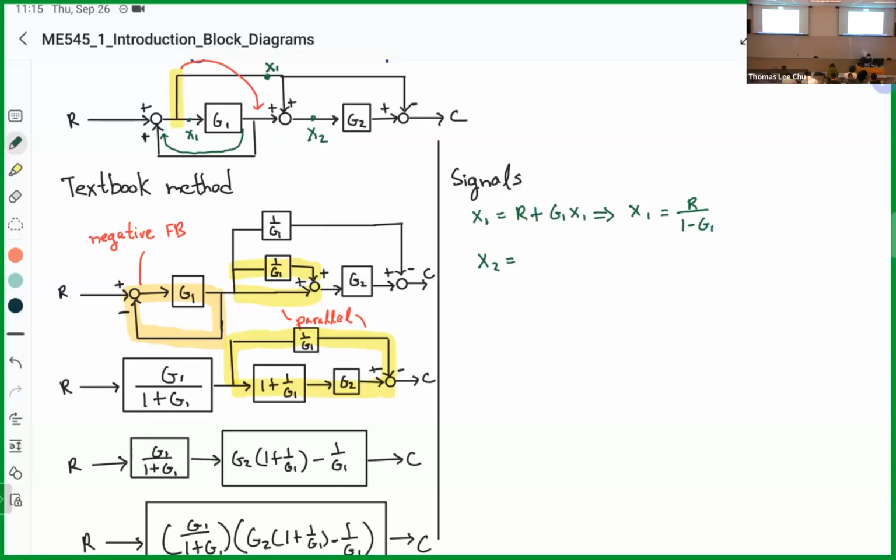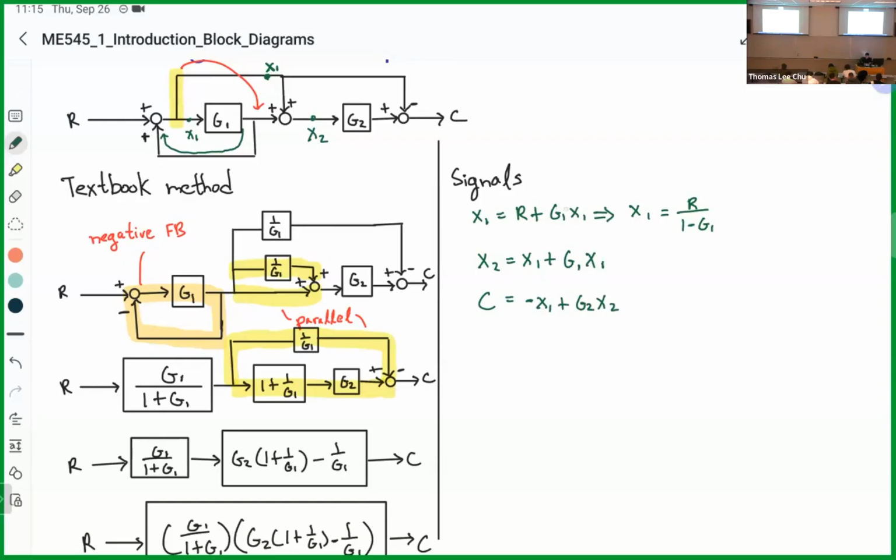So X2 is going to be equal to X1 plus G1 times X1. And then finally, we look at the output. The only variables we should have are G, C, and R. The output's going to be negative X1 plus G2 X2.